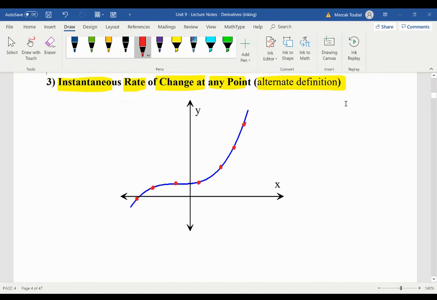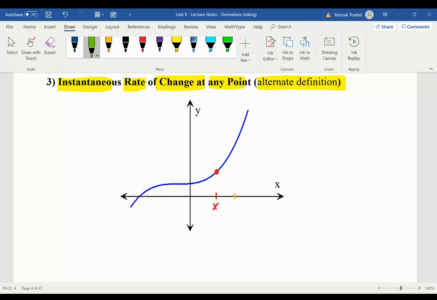So let's talk about this formula. Well, let's pick a random point. Let's say we pick this point over here, and we label its x coordinate by x. Now we need another point that is very close to this point. And this time we're not going to call it a. We're going to call it something else.